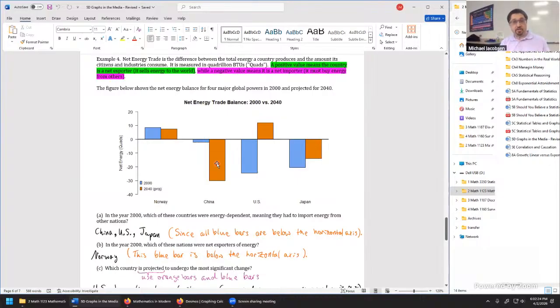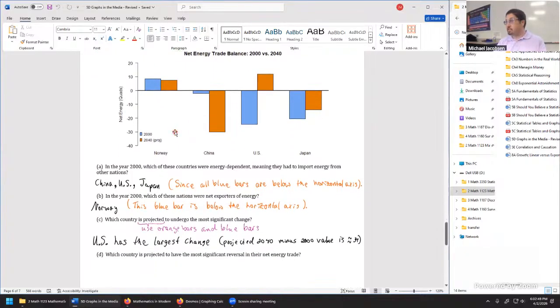So they have to purchase energy in some form or fashion from their neighboring countries. A blue bar is referring to the year 2020, and orange bars referring to the year 2040, so a projected value. And if it's above the x-axis, that means this country actually produces more energy than it expends itself, and so it's selling its energy on the global energy market.